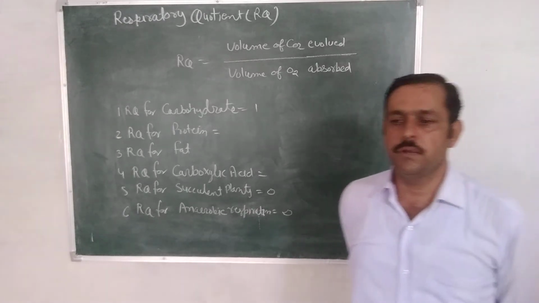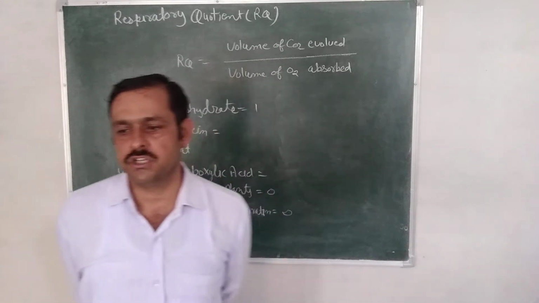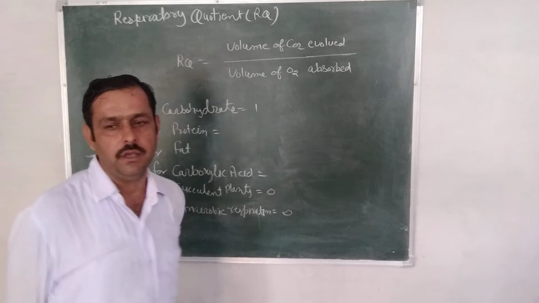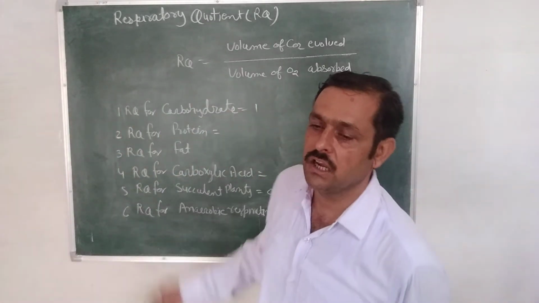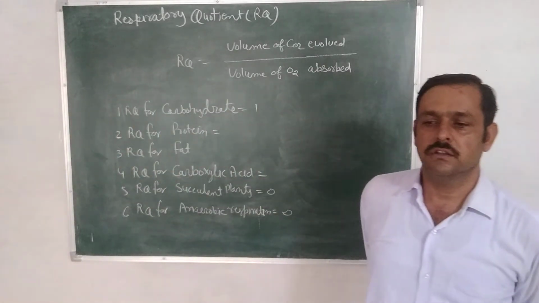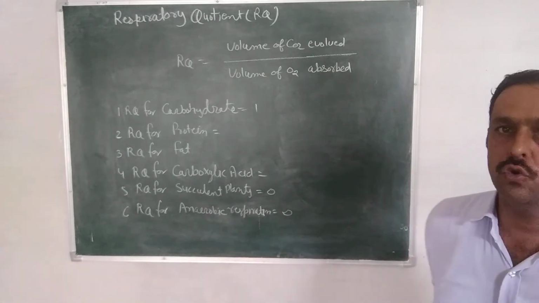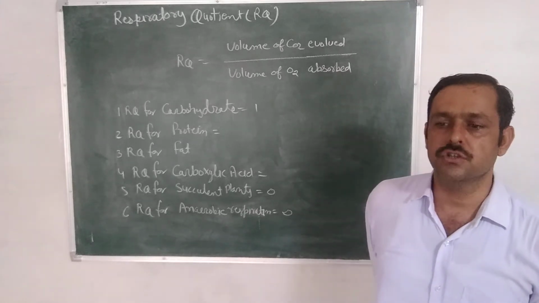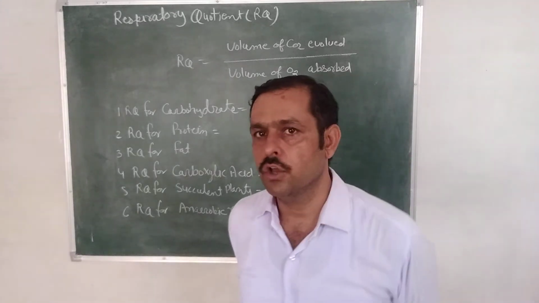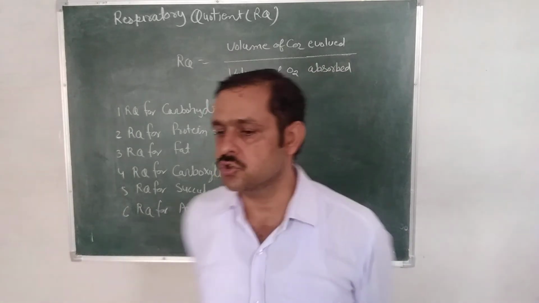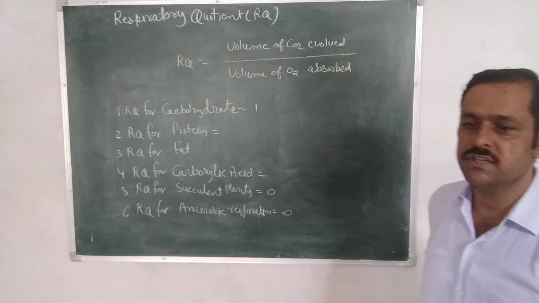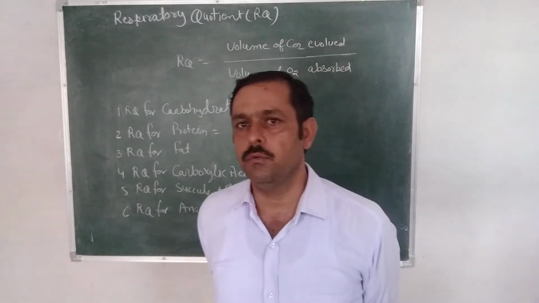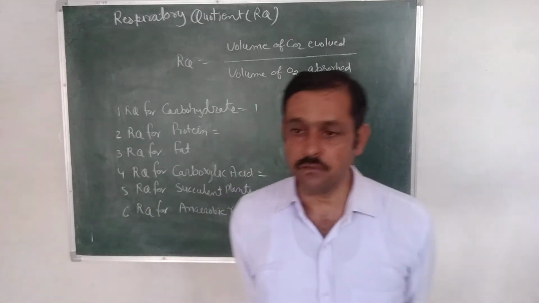The ratio of CO2 and O2 is known as the respiratory quotient. Respiratory quotient is measured by Ganong's respirometer. We will do that in our practical class.